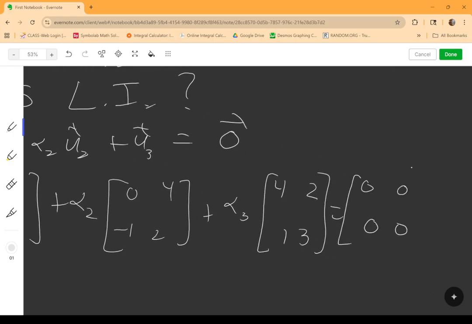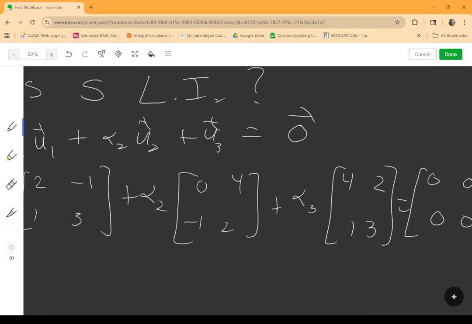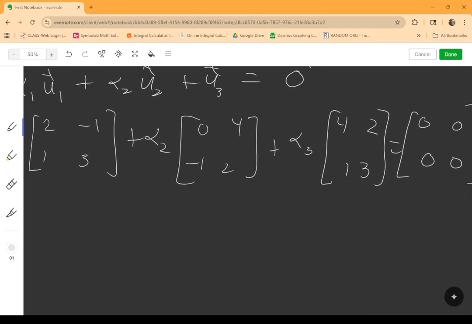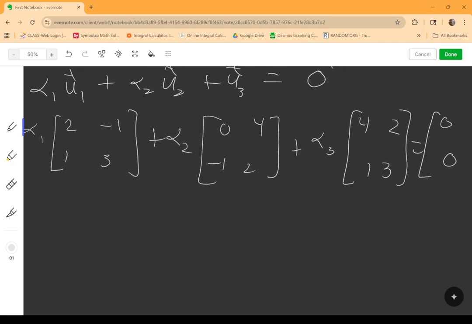Unless specified otherwise, we use the standard operations of scalar multiplication and addition of matrices, so the 0 vector here would be the matrix of all zeros. Using scalar multiplication, we get 2 alpha 1, 0 for alpha 2 in this position, plus 4 alpha 3.